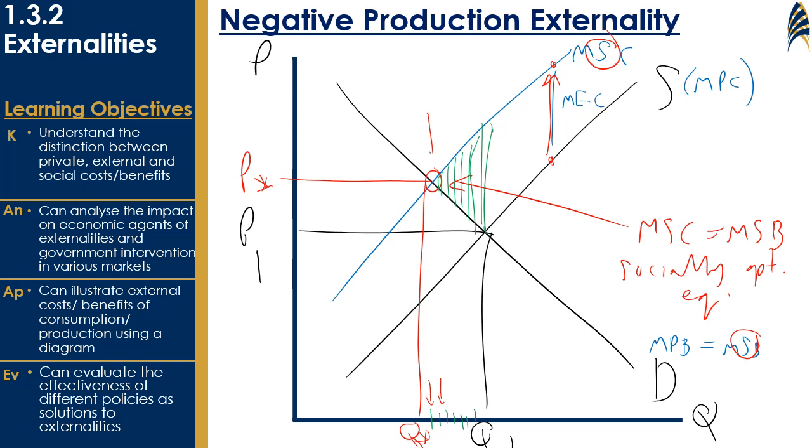And all the green lines here represent units for which the cost of, so let's take this one unit here, say the cost to society is higher than the benefit to society. The cost to society is represented by the MSC, the true cost to society of making that unit at the margin. And that little blue dot there is the benefit to society of consuming that unit.